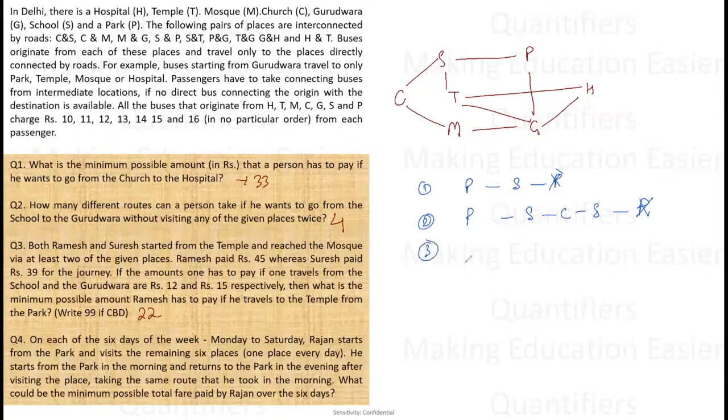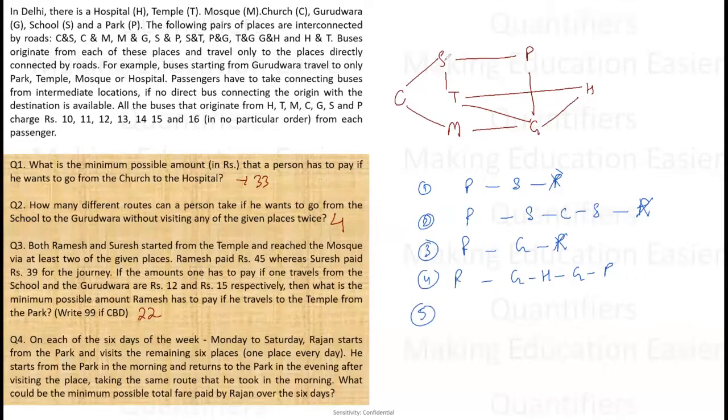Third, let's say G now. P and G and P वापस. OK. Fourth, PGH. P and G and H and G and P. So he will go in this way, right? P, G, H, G, P. OK.